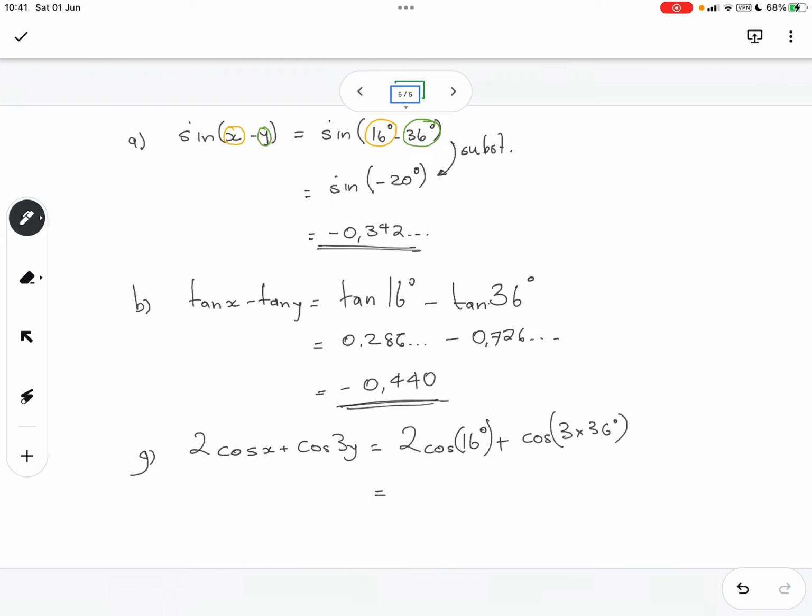Yes, definitely, that is spot on. So how we work out the 2 cos 16 and how we work out the cos 3 times 36 is going to be different, and we're going to do that on our calculators.